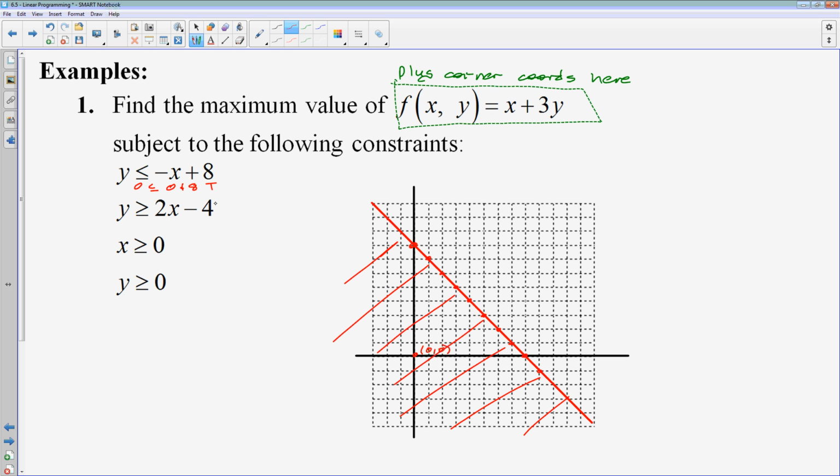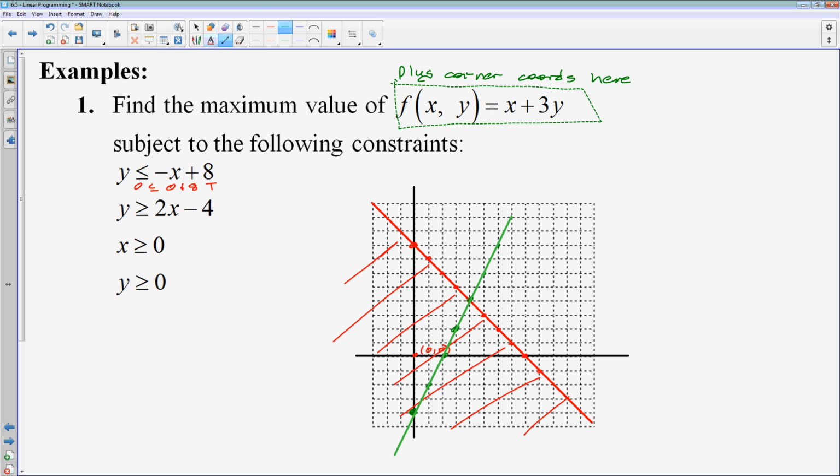And then I have 2x minus 4. That's a y-intercept of negative 4: 1, 2, 3, 4. And a slope of 2, so up 2 over 1, up 2 over 1, up 2 over 1. And I continue that trend. And then I'll connect those points. There we go.